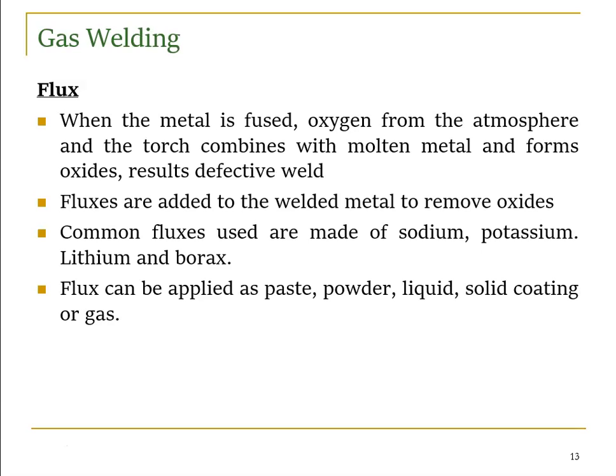After making a weld, the joint surfaces are at high temperature, so they will interact with the atmosphere. The atmosphere has oxygen content, so it will cause oxidation. This causes poor welding and a defective weld. So in order to prevent oxidation, we use fluxes.